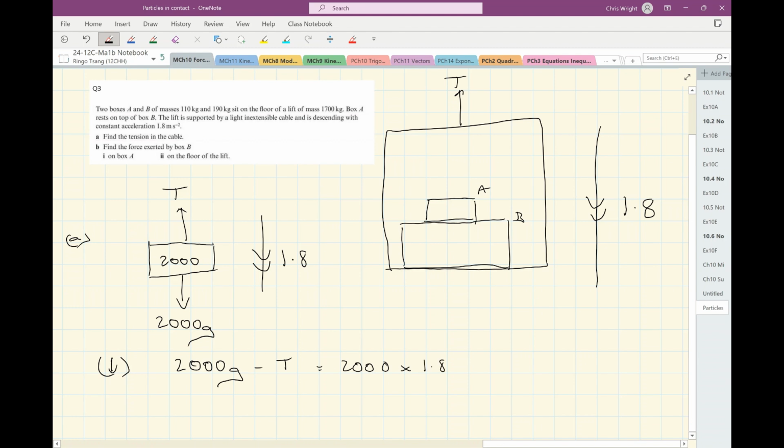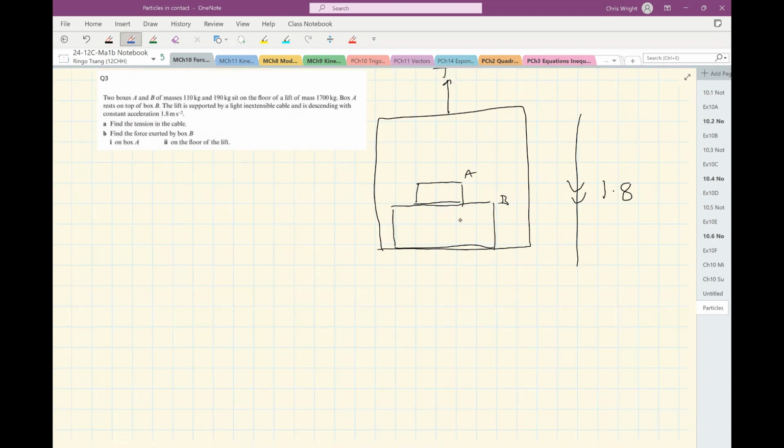And that gives me a tension in the cable of 16,000 newtons. Part B. Find the force exerted by box B on box A.